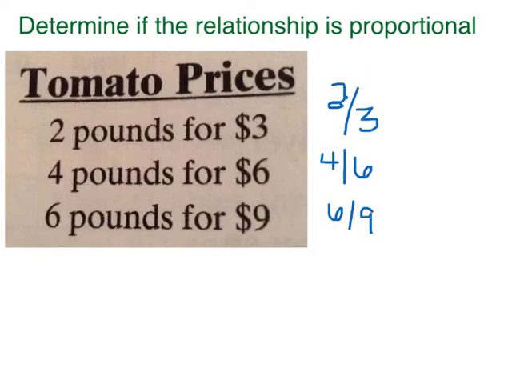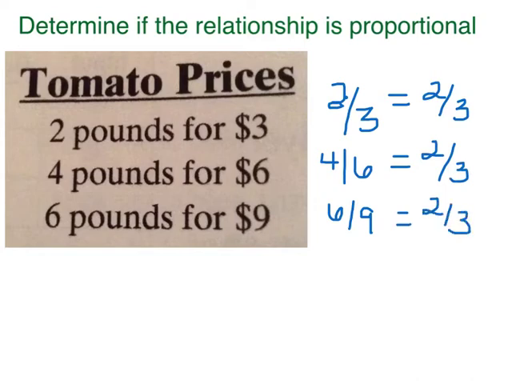Again, reduce to lowest terms. 2/3 is already reduced. 4/6 reduces to 2/3, and 6/9 reduces to 2/3. Since all of them are exactly the same, then yes, this is a proportional relationship.